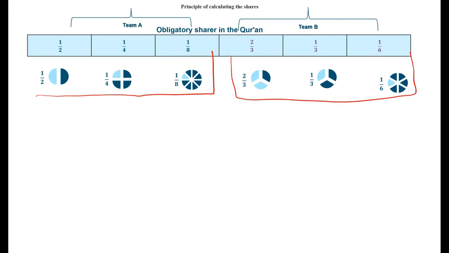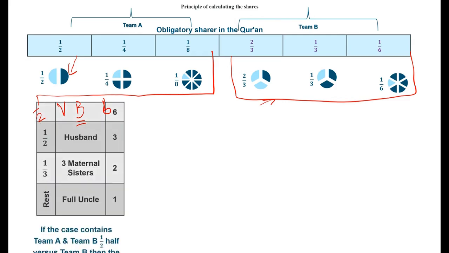For example, if you have Team A with a half, 1/2, and any of Team B, the result will always be 6.